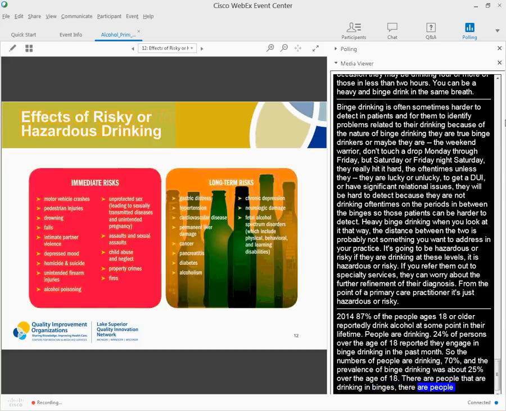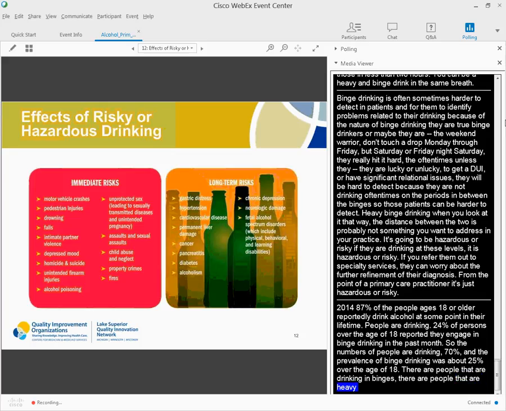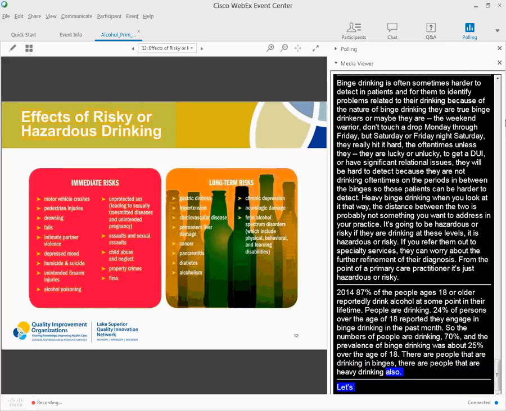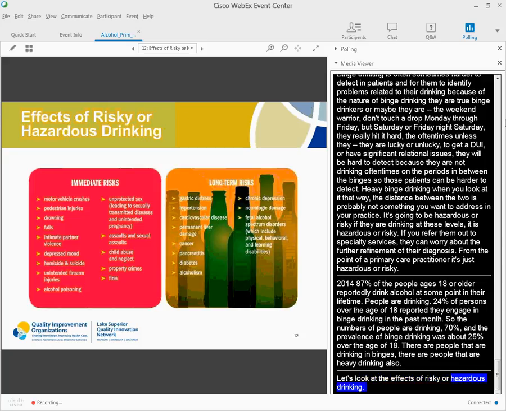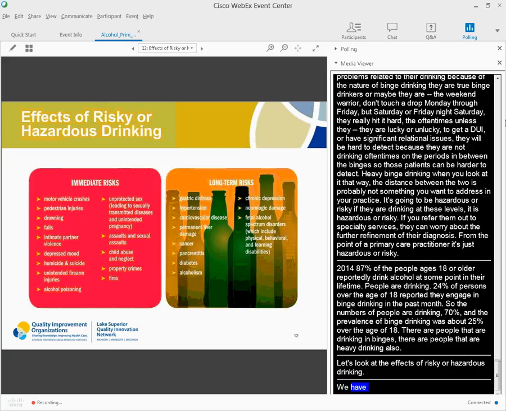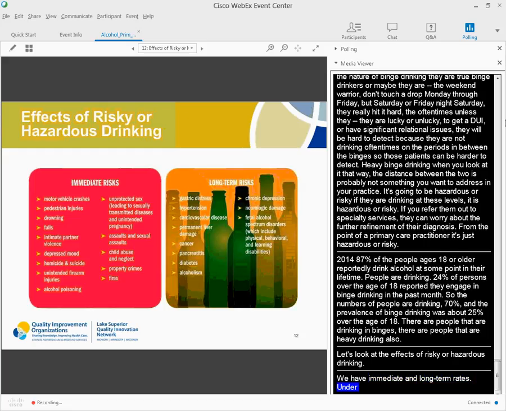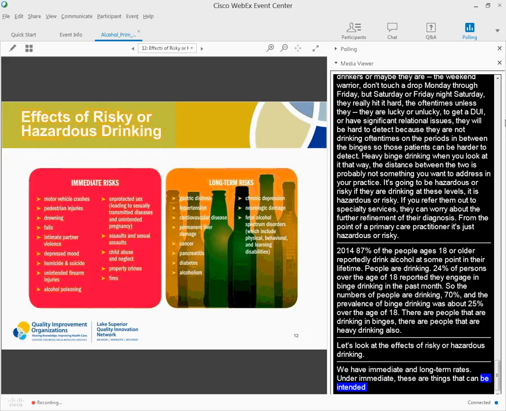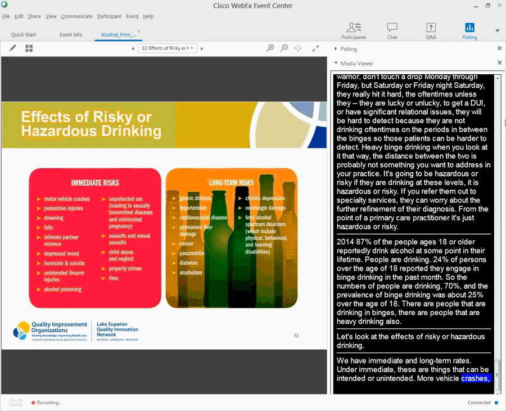So let's look now at the effects of risky or hazardous drinking. We have immediate and long-term risks. Immediate risks are those things that you would probably associate with somebody who is drinking alcohol. These can be intended or unintended: motor vehicle crashes, injuries, drownings, falls, partner violence, child abuse and neglect, property crimes, things like that.